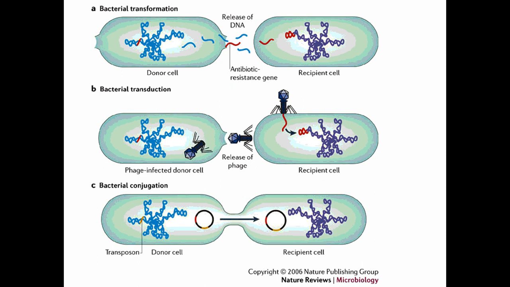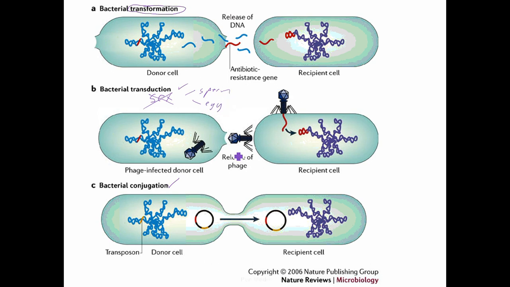Bacteria can do something else as well, and yes, you do need to know this process specifically, bacterial transformation, but all of these ones, they're kind of similar. So bacteria do not have sex. They don't have sex because they don't produce any sperm and they don't produce any eggs.